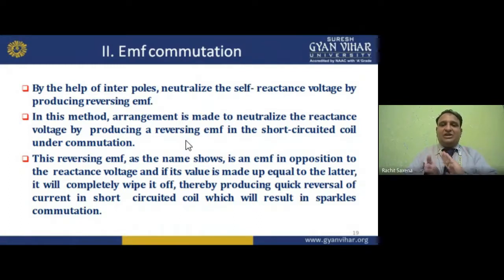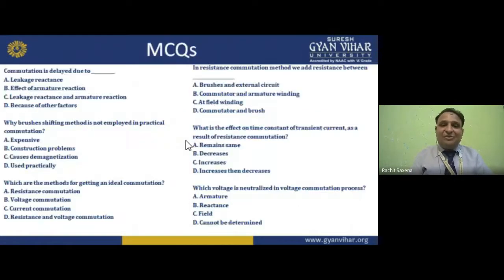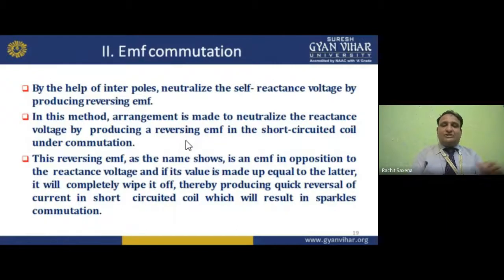So we can say quick reversal of the current will result in the sparkless commutation that we need. That is known as EMF commutation. I hope you understand about resistance commutation, where we use carbon brushes instead of copper brushes, and in EMF commutation we use interpoles to neutralize that EMF, giving easy, quick reversal of the current. I hope you understand why commutation is necessary.